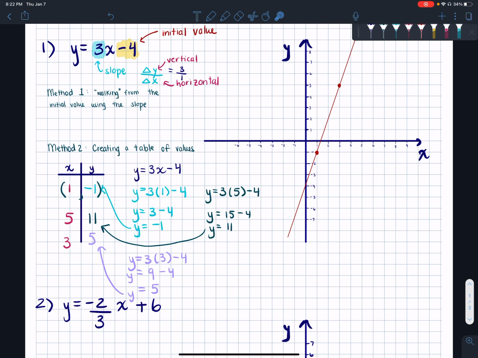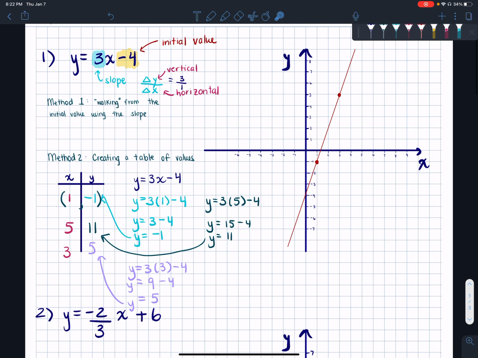The reason why I didn't show that is because since our equation is written out in this way of y equals 3x minus 4, you'd have to do a whole bunch of extra algebra work to move things over and divide in order to solve for x when you're choosing a y value. And that's a lot more work than you need to do, which is why I didn't do it, but I just wanted to mention that it is possible. It's just not very convenient in this case. Okay, so those are the two methods.